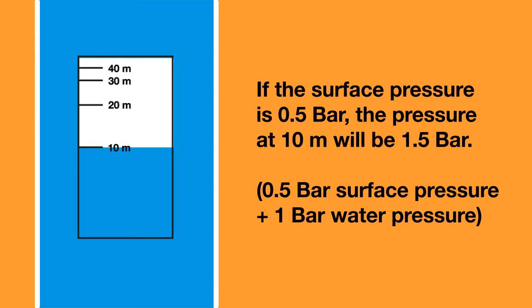But let's say that you're diving in a mountain lake, where the air pressure at the surface is 0.5 bar rather than the 1 bar that it is at sea level. Now at 10 meters, the pressure will be 1.5 bar. 0.5 bar for the surface pressure and 1 bar for the water pressure.